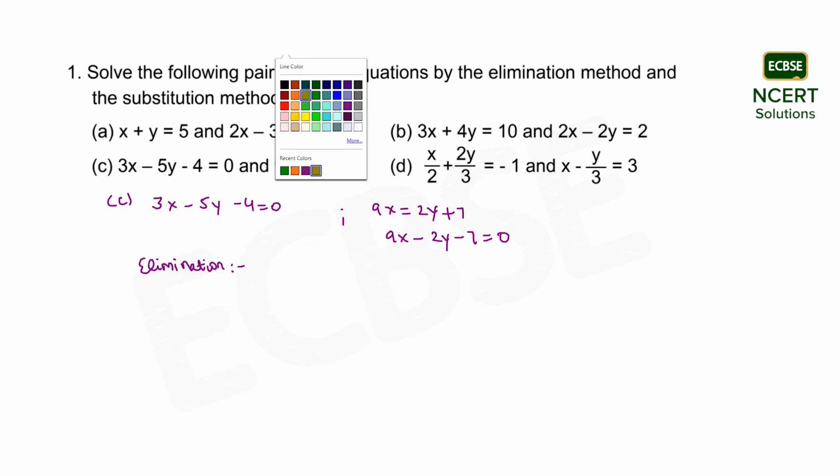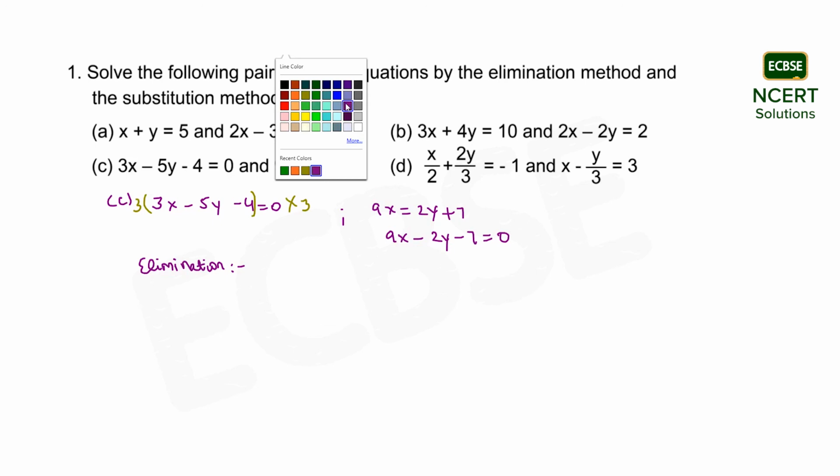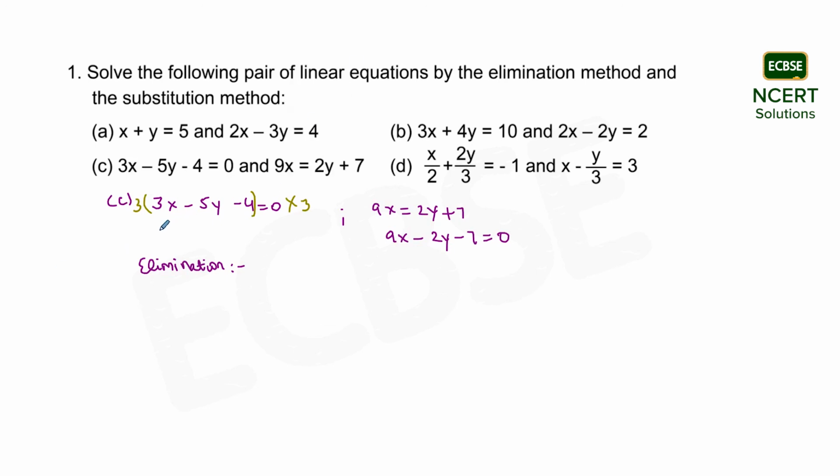So multiplying both the sides by 3, so that it doesn't have an overall effect on the linear equation. The equation comes out to be 9x minus 15y minus 12 is equal to 0, as 0 into 3 is equal to 0. So this is the first equation and this is the second equation.